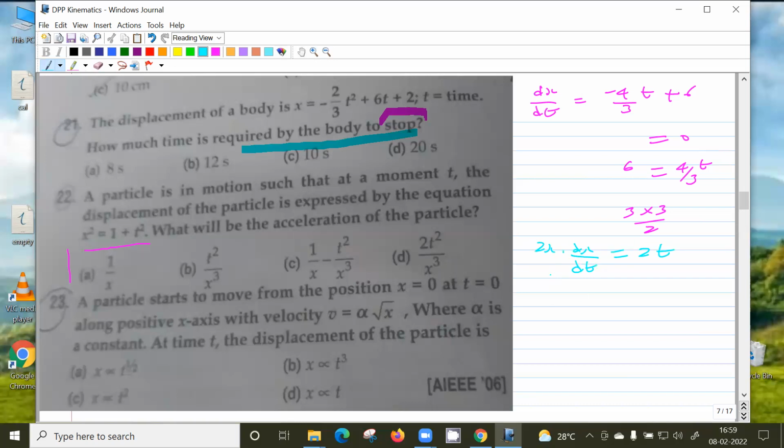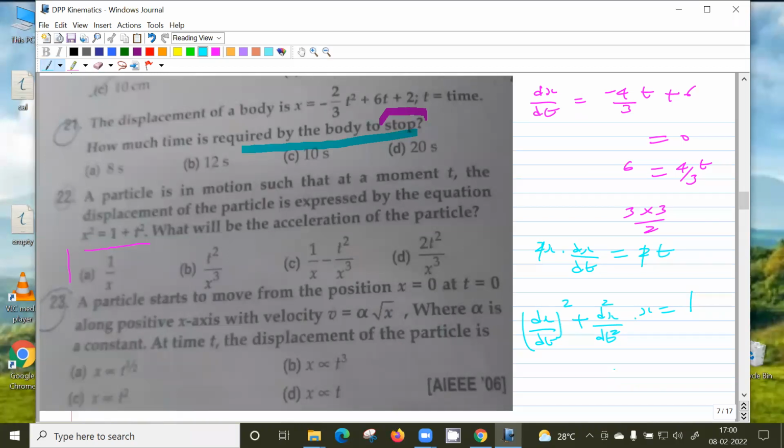And you have to find d square x by dt square, no? So if I differentiate, the 2 will cancel. So if we differentiate again, it will become dx by dt square plus x d square x by dt square equal to 1.